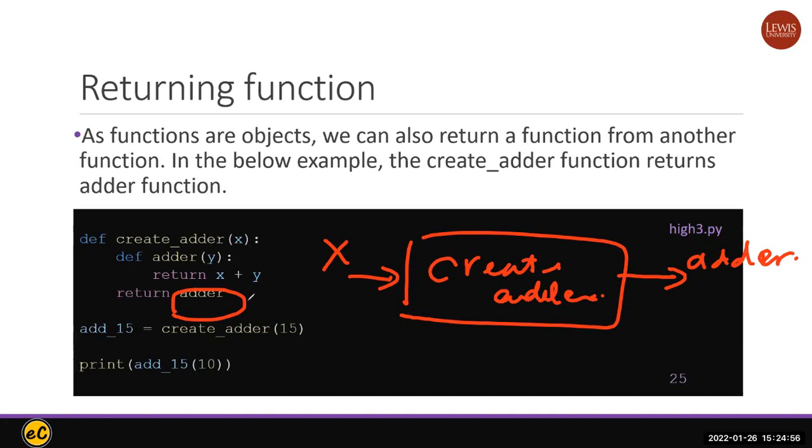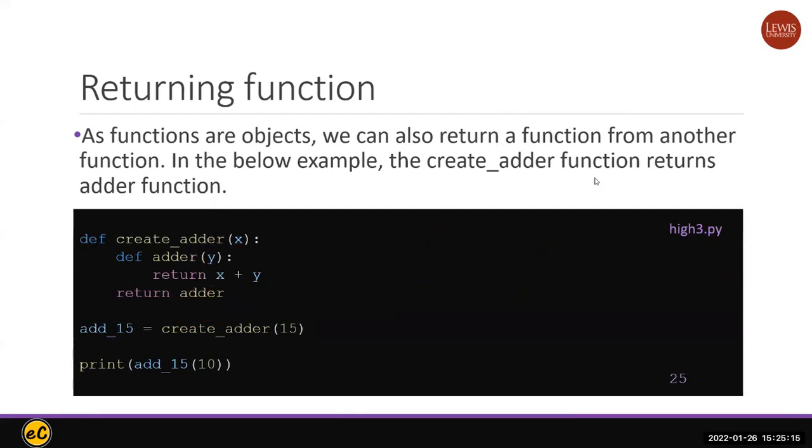So the creator will create an adder which will add 15 to a variable. The y is its parameter list. So this one is a factory. I think we showed this one before. This one is the return of the function.